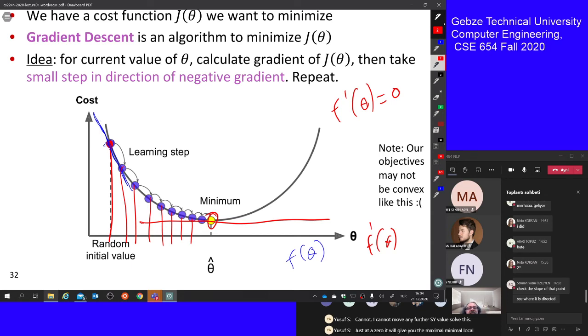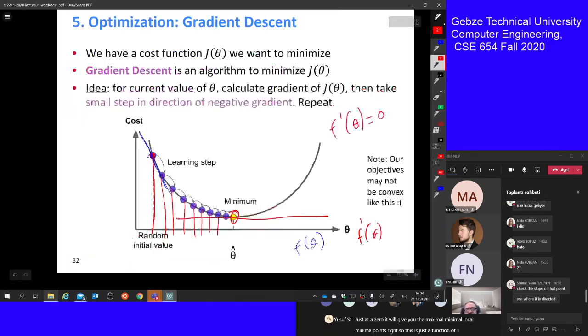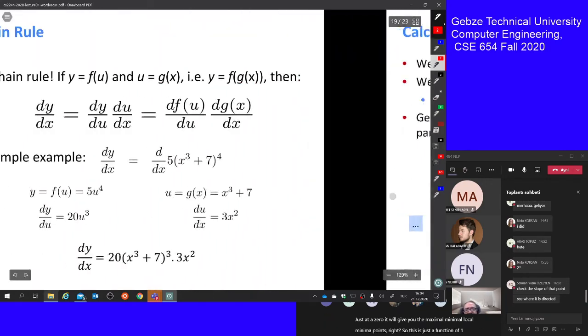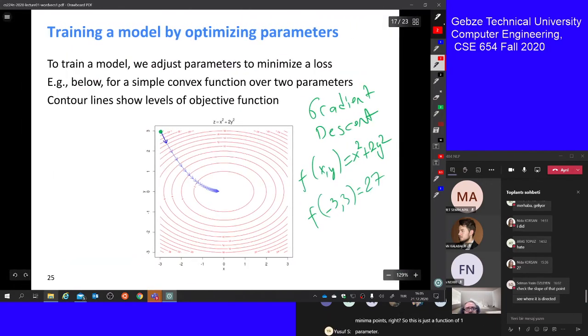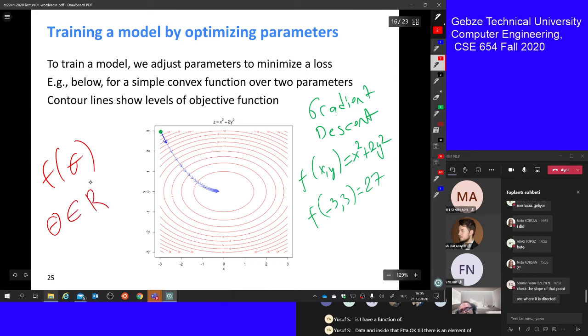So this is just a function of one parameter. This is a function of two parameters. To minimize a function of two parameters, what I am after is a function of theta, and inside the theta, theta is an element of R to the power 40,000 times 2 times 200.